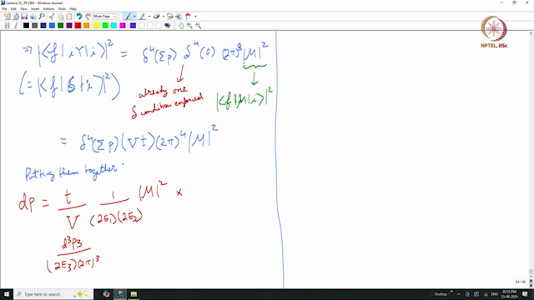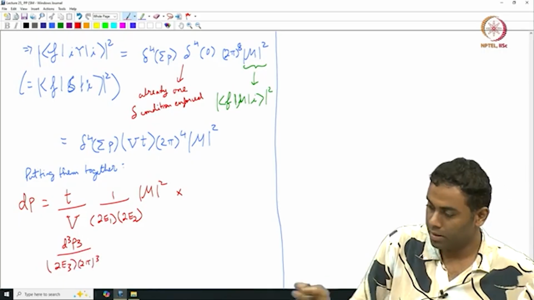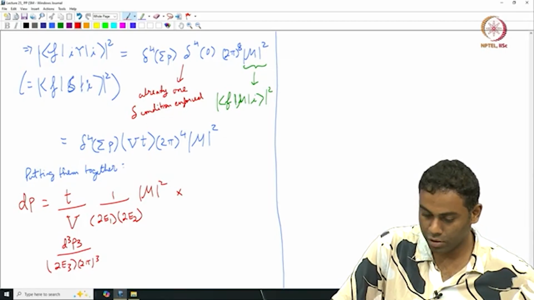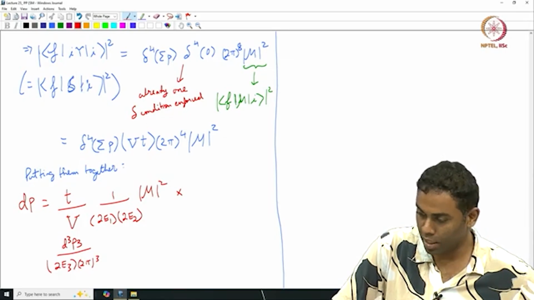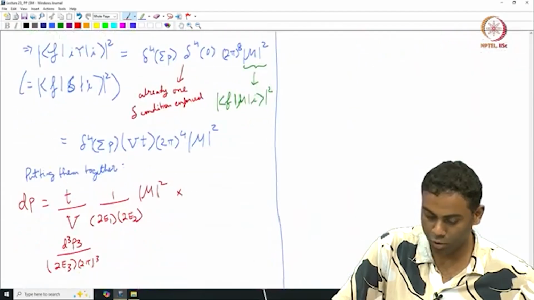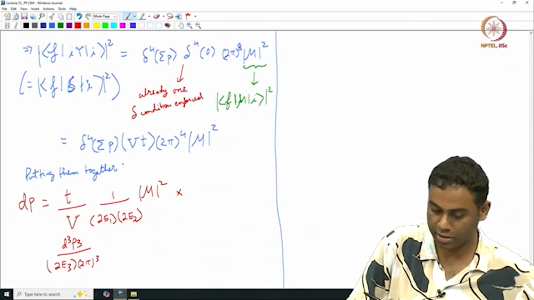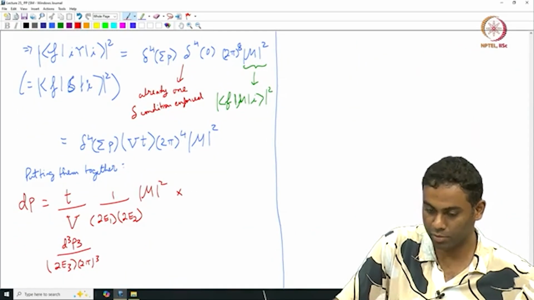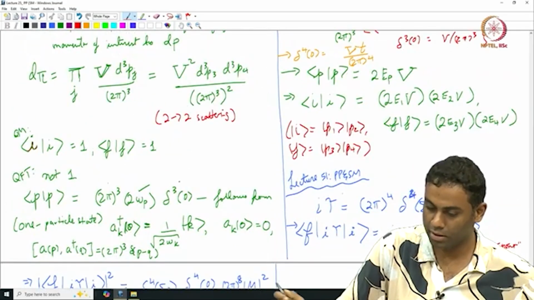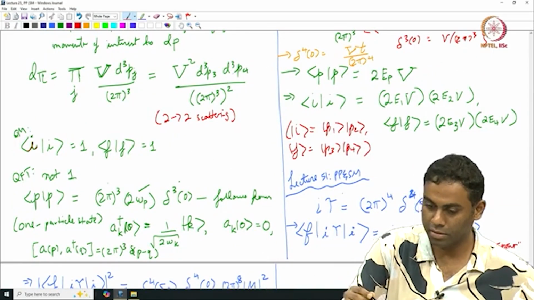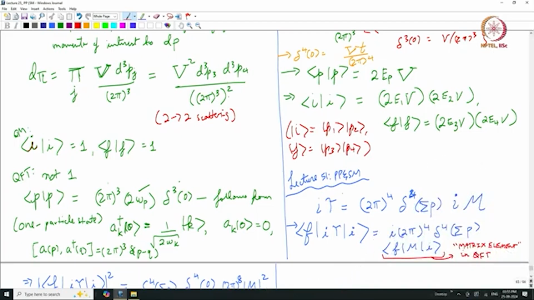This comes from the phase space part, right? So we actually had 2E1, 2E2, 2E3, 2E4. I am going to push the E3, E4 terms into the phase space bit. So remember in the phase space bit we had this d cubed p over 2 pi cubed.